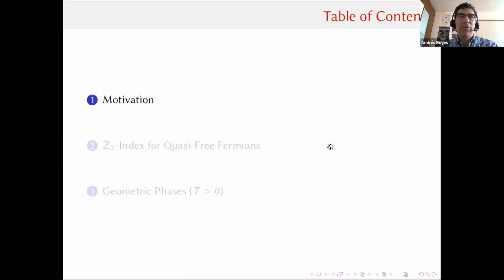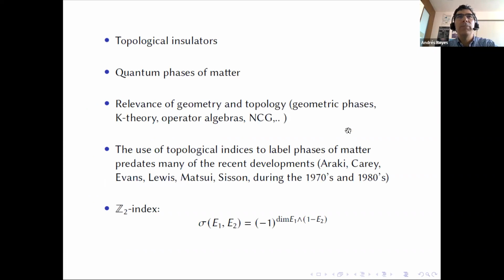Well, so as for the motivation, nowadays we have been studying topological insulators, which display very exotic phases of matter. And it is quite interesting to see how topology and geometry are every time more relevant to the study of quantum systems.